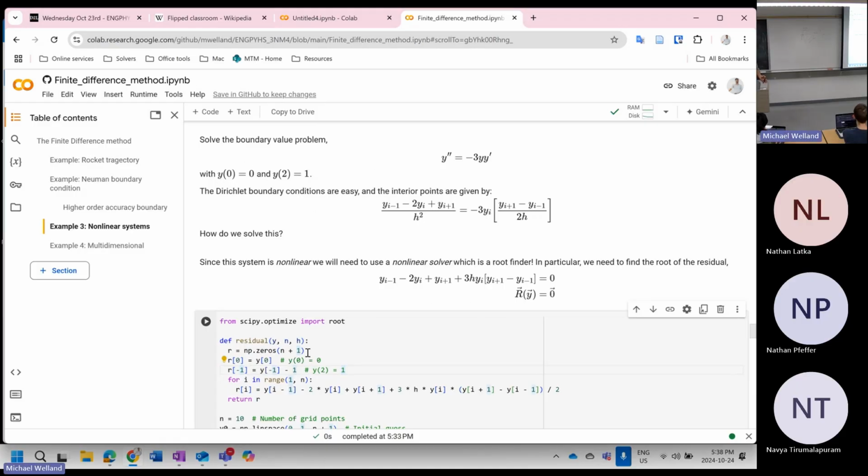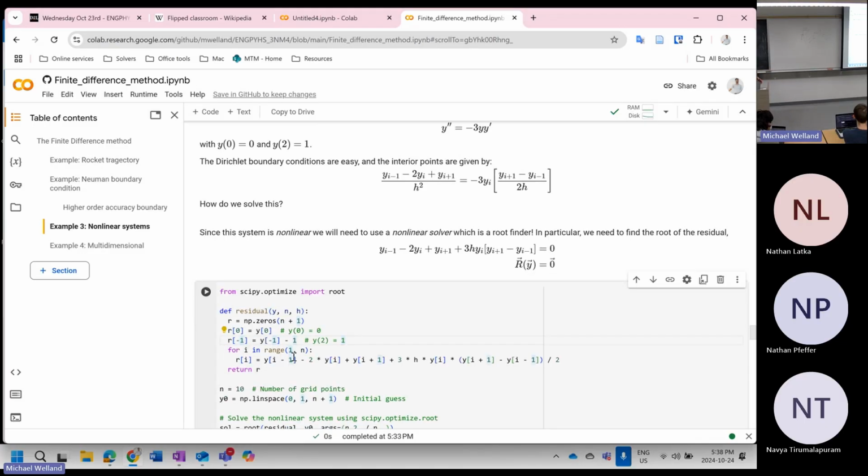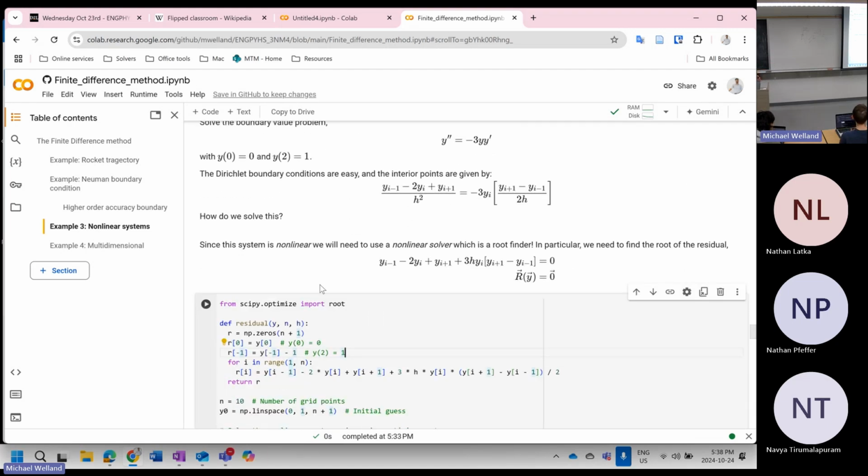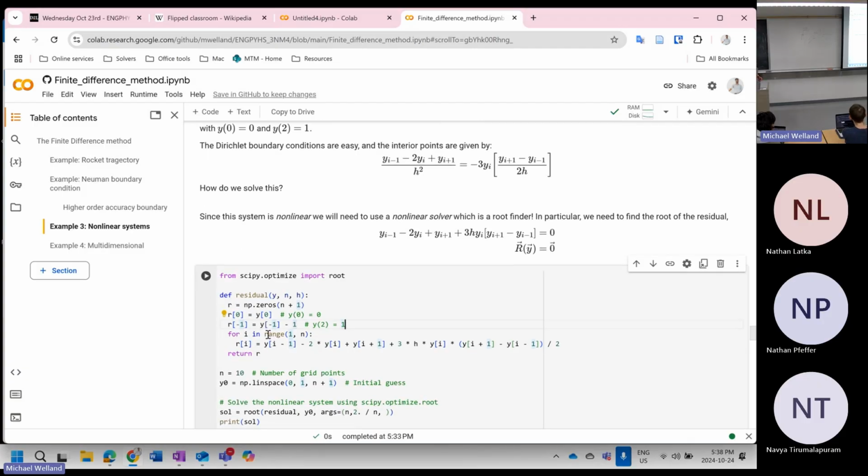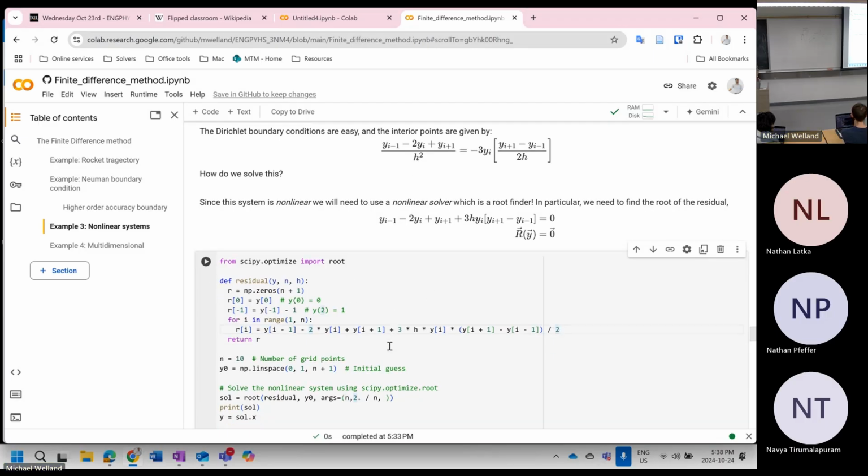If that was equal to 1, then that would be y at 0 is equal to 1, right? We say that our last one, which is our other boundary, is equal to 1. That's this guy. Remember, -1 means that you're moving to the end of your element. And in the middle, we put in our finite difference formula, which is this. Goes in super simple. We don't actually need this 2 here because we can factor things out.